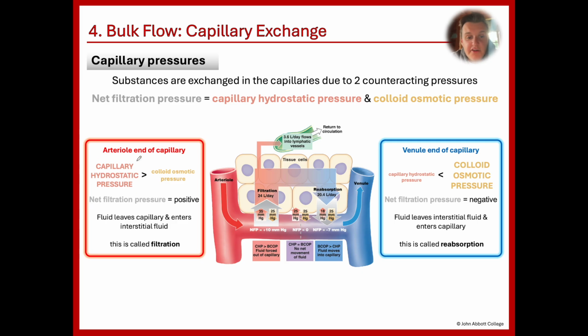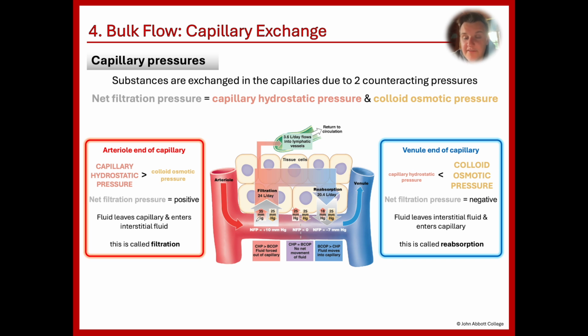So at the arterial end of the capillary over here, the capillary hydrostatic pressure is 35. It is bigger than the colloid osmotic pressure, which is 25. Therefore, our net filtration pressure is said to be positive. The net filtration pressure, look at this, 35 minus 25. That means we have 10 going in this direction, right?